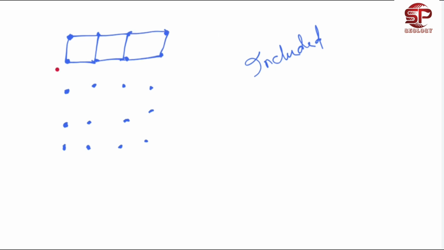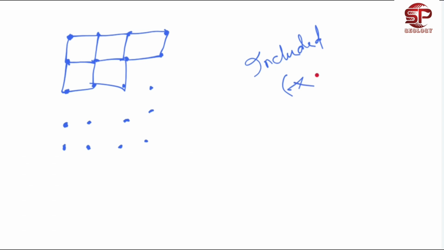If these are the drill hole points and we are calculating with included area, we will draw rectangles like this by joining these points.